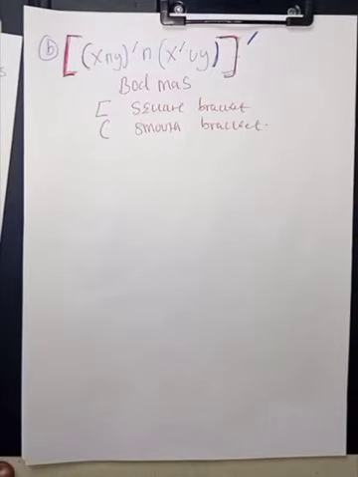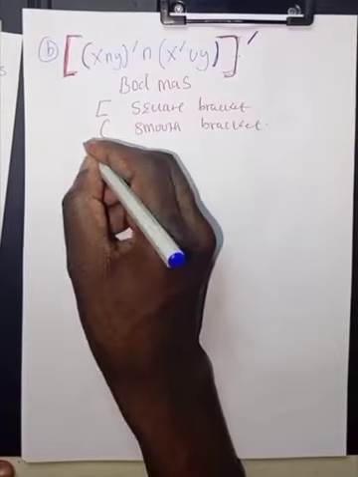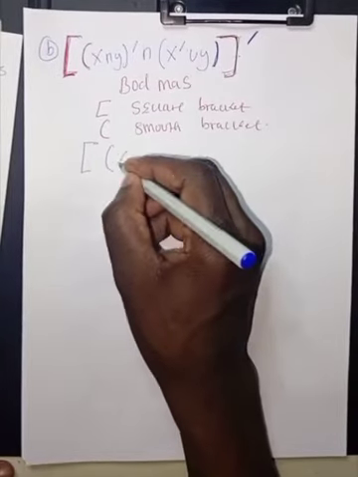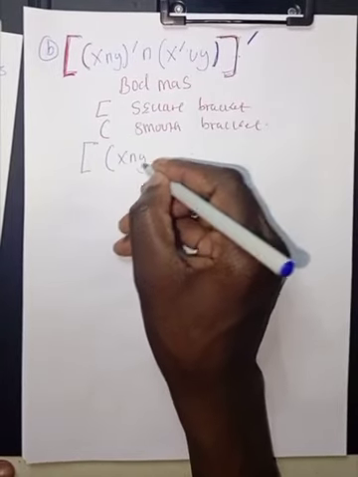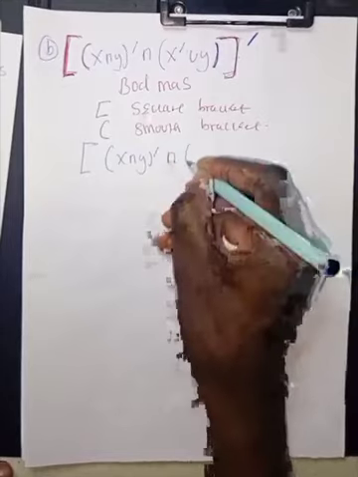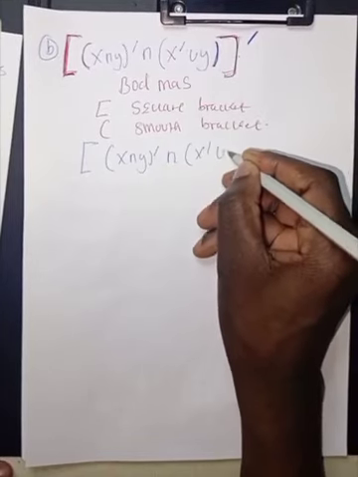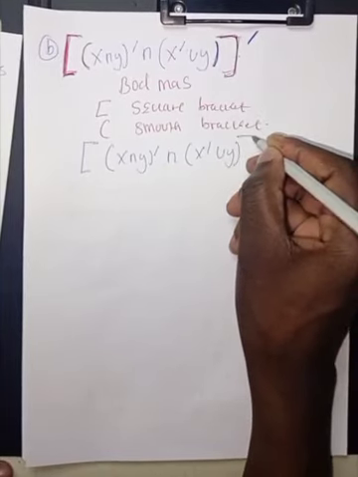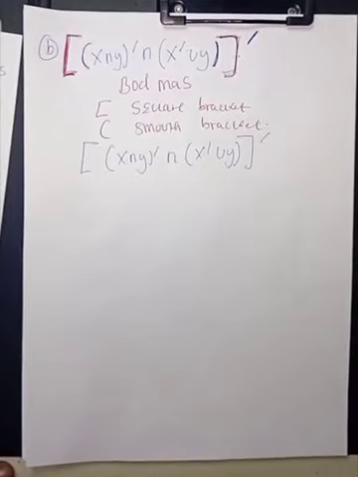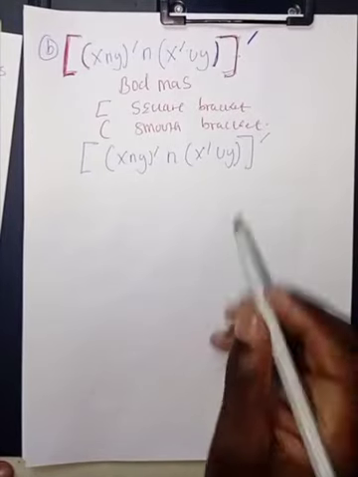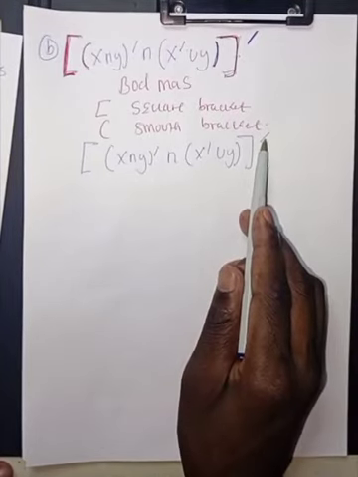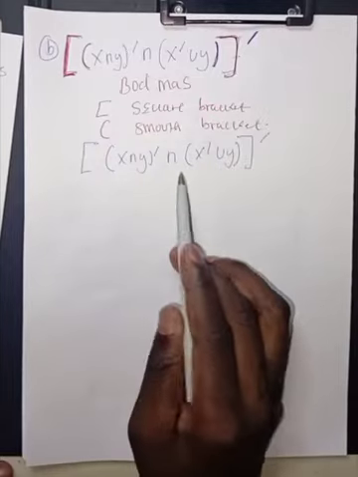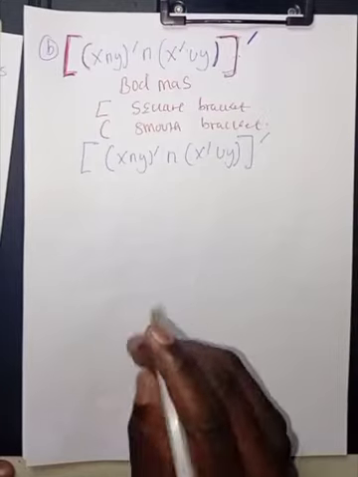So let's now solve this particular question. What we have is this: x intersection y, complement, then intersection, x complement, union, y, then square bracket. Like I told you, we can distribute this complement inside these individual segments of sets.